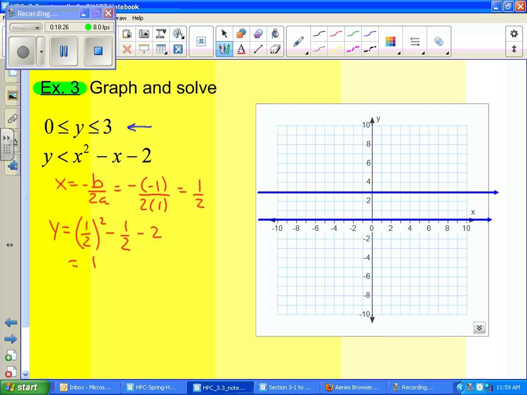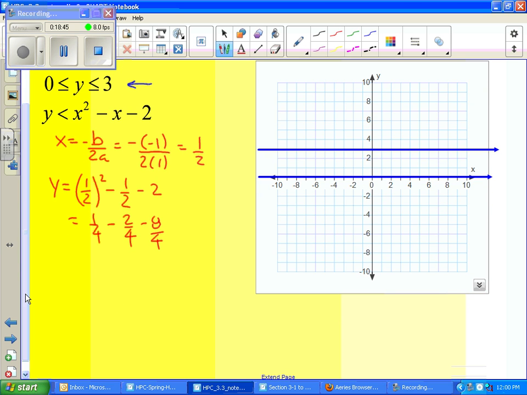You get 1/4 minus 2/4 minus 8/4, which gives me negative 1/4 minus 8/4, which is negative 9/4, or negative 2 1/4.